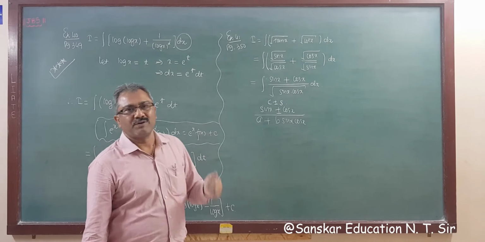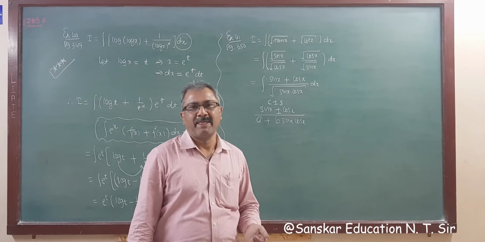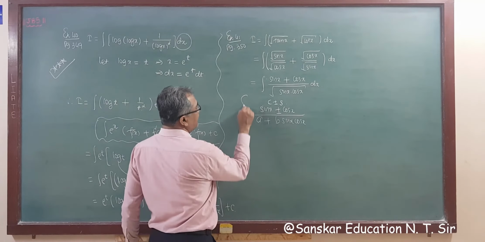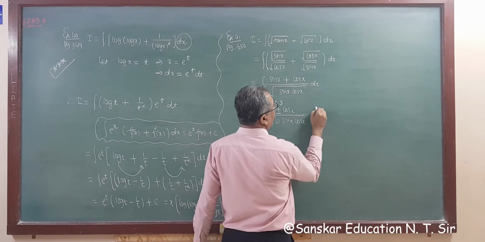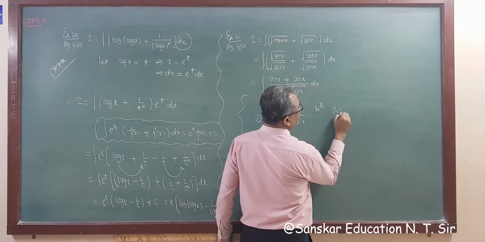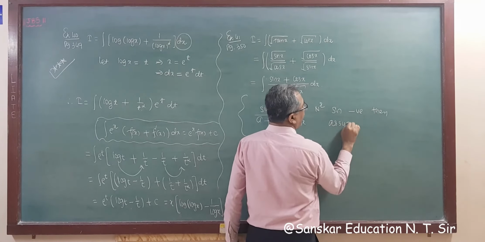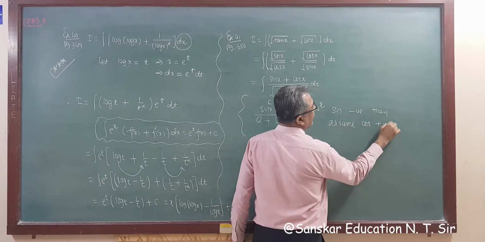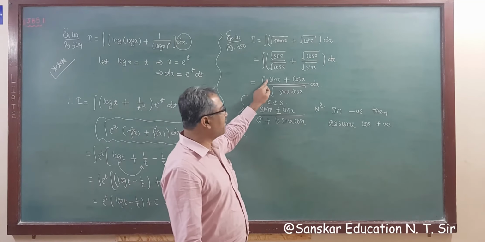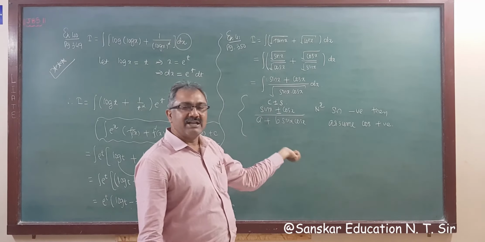Now remember, you know the derivative of sin is cos and the derivative of cos is minus sin. So if this type of question is given, then if in the numerator sin is negative, assume cos positive.